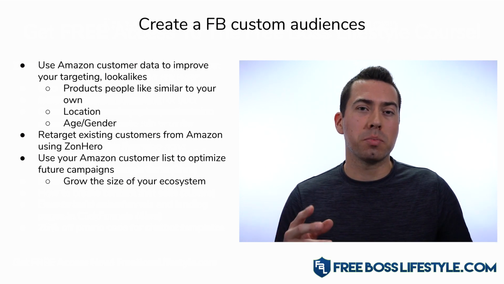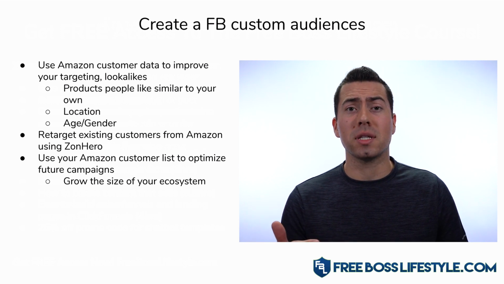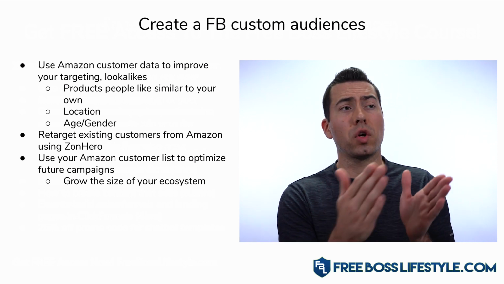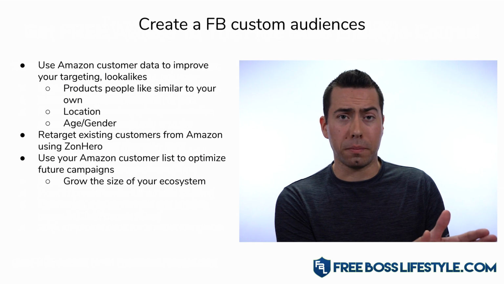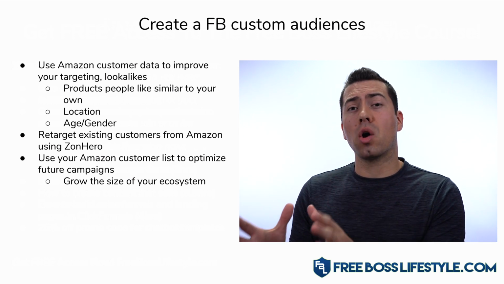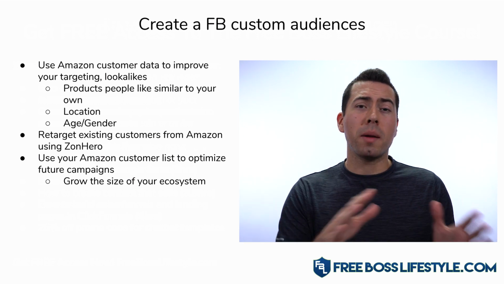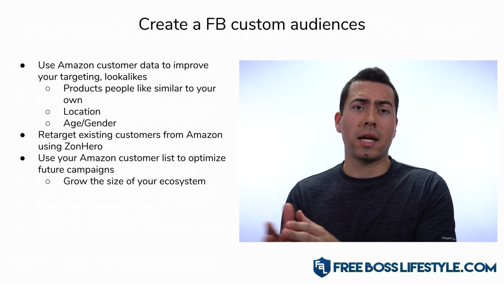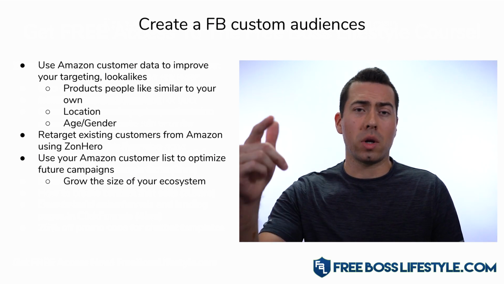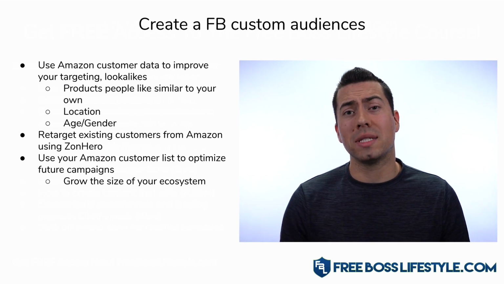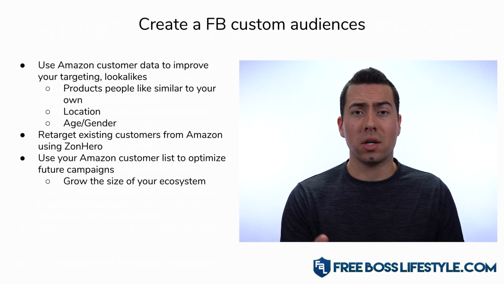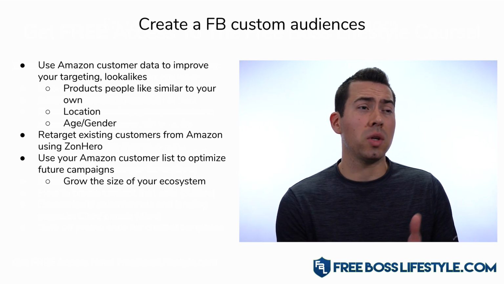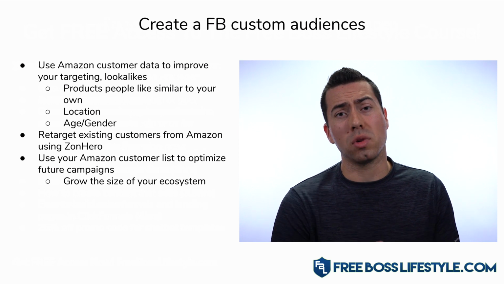Now you want to split test and play around with these, because obviously if you did a lookalike based off of your customers, and that is only a couple hundred people, then that may be a powerful lookalike audience. But you want to play around with the custom audiences, the lookalike audiences, and then with your lookalikes, I would also recommend narrowing those down with interests, age, gender, stuff like that. And you want to maybe even do that with your custom audiences if you have some larger custom audiences. Now, once you've got those custom audiences created, then it comes to warming them up.